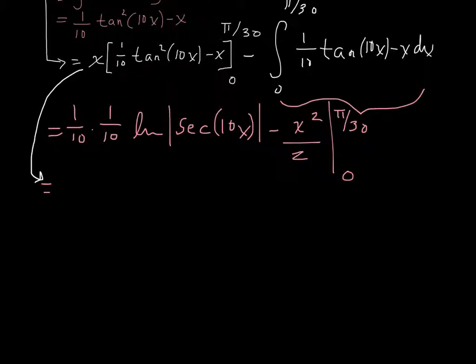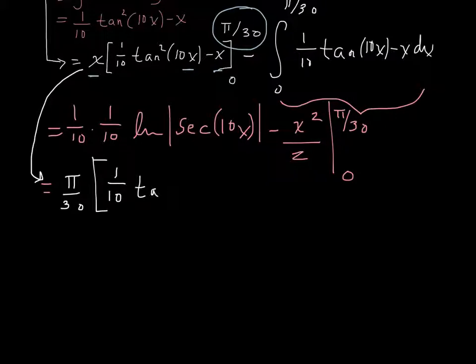Now let's just continue on from here. So I'm going to go ahead and plug in for my x's. I'm going to plug in the pi over 30. So that will be x is pi over 30 times 1/10 tangent 10 times pi over 30, or 10 pi over 30, minus this x, pi over 30.